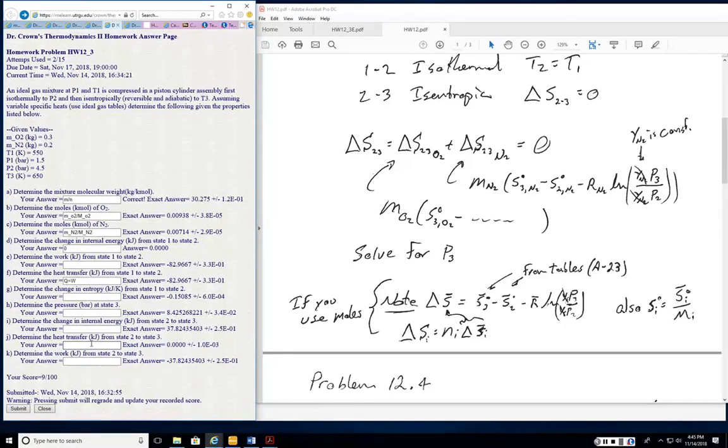For the heat transfer and the work, for an isentropic process, obviously it's isentropic, so if there's no heat transfer, that means reversible and adiabatic.